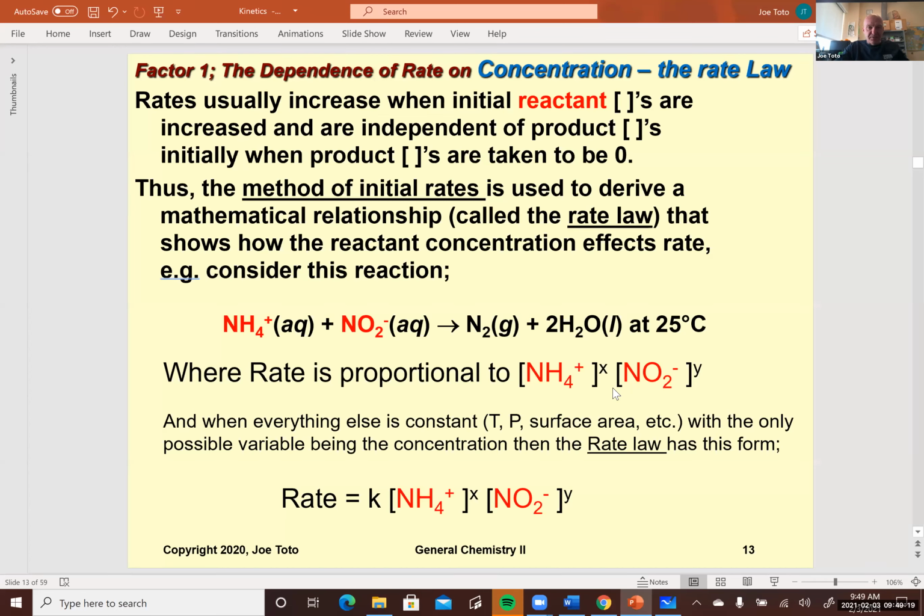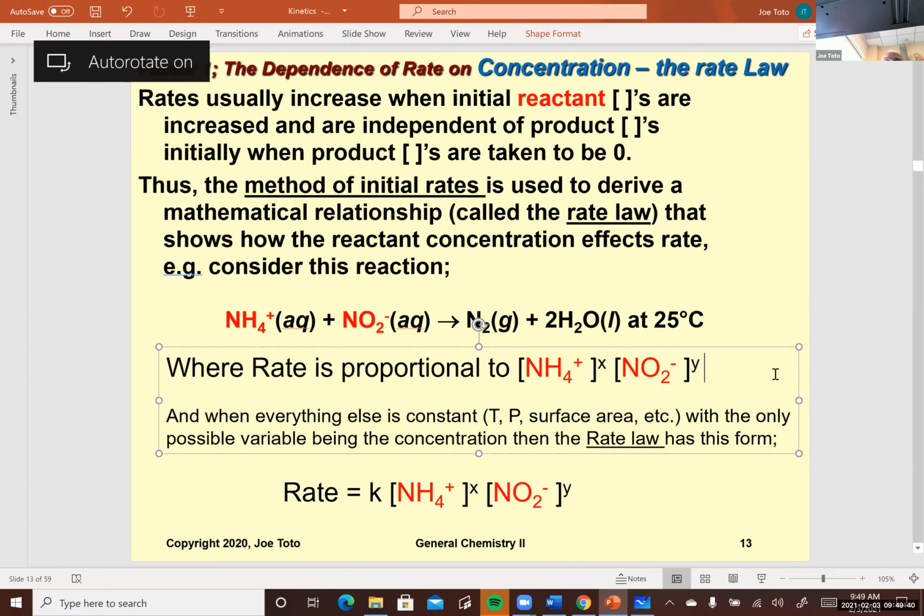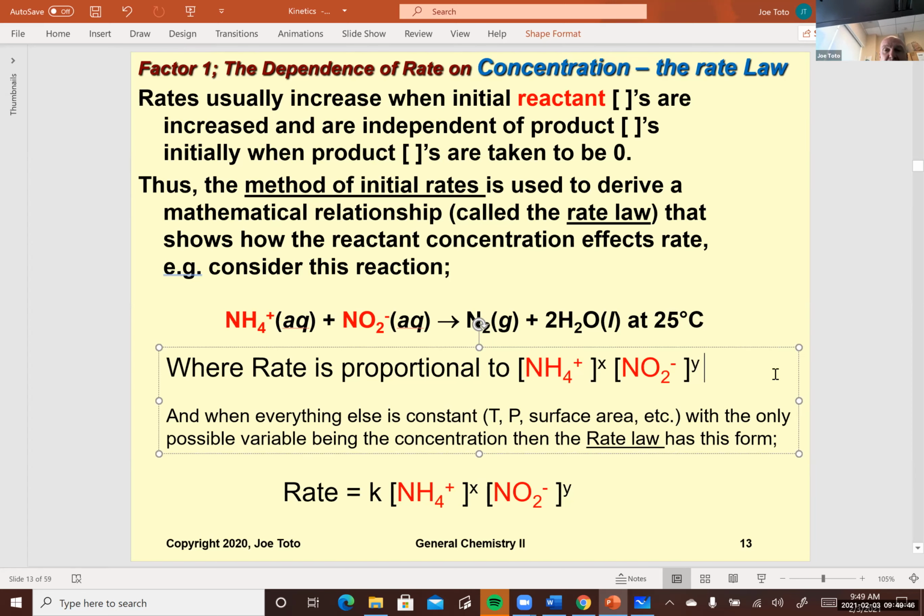And it says, for example, take a look at this reaction here. Now, so far in our discussion, we're only considering initial rates. So for initial rates, what the reaction mixture looks like is it has all initial concentrations of reactants only. So there isn't any products, okay?